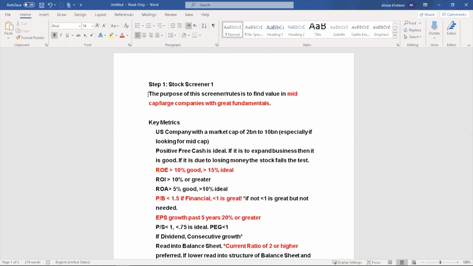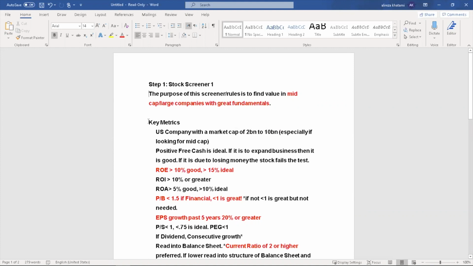So I personally like to look at mid cap and large cap companies. A lot of large cap companies, like Microsoft and Apple, have a market cap of more than 10 billion. The mid cap companies we can look at today have a market cap between 2 billion and 10 billion.